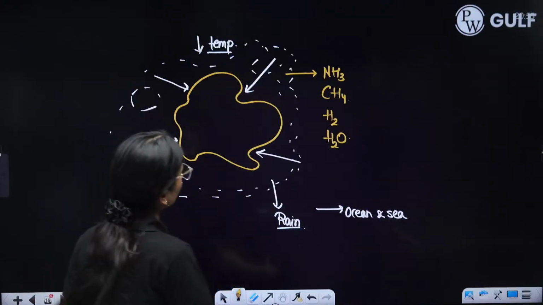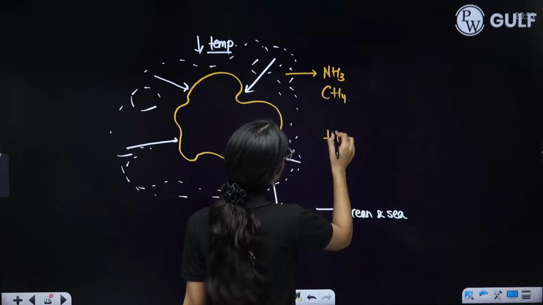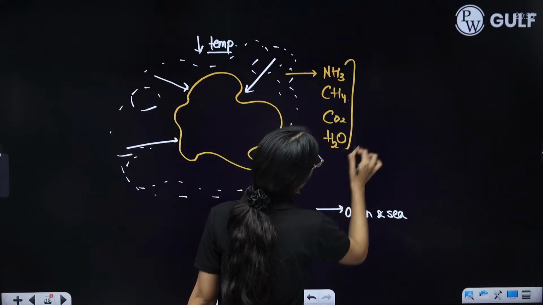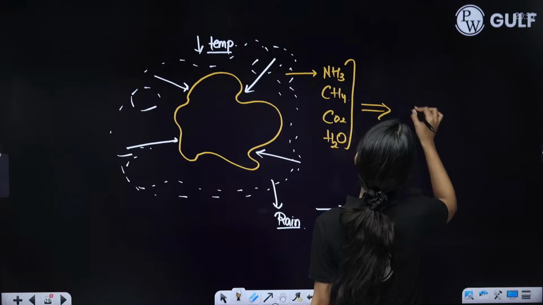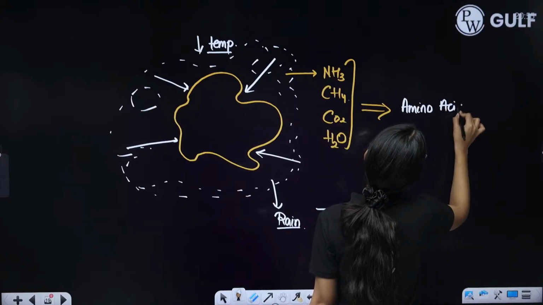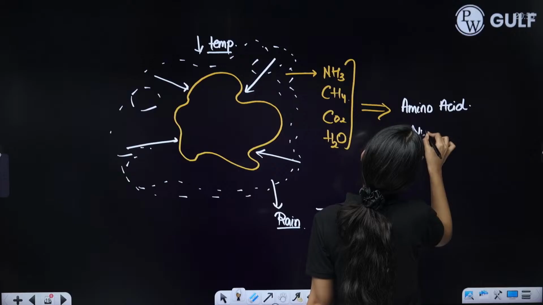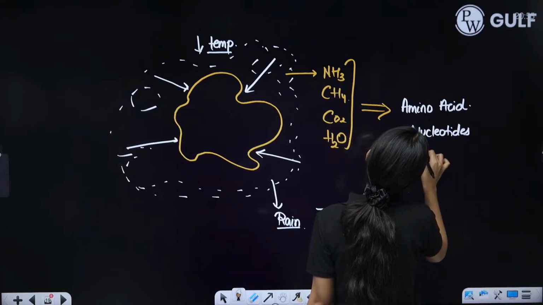Okay, CO2. We will write CO2 only. All of these were combining with each other and they were forming our amino acids, nucleotides, simple sugars.